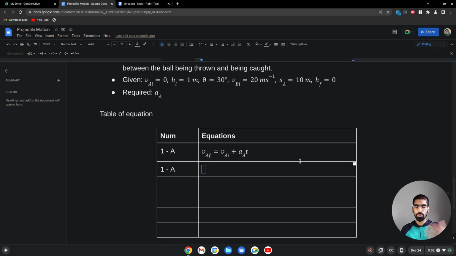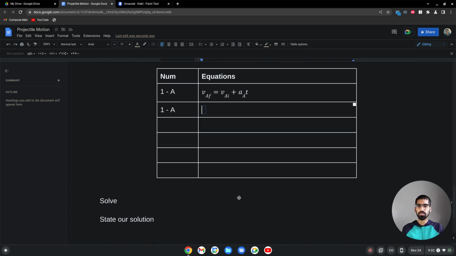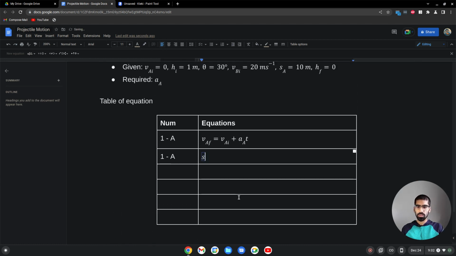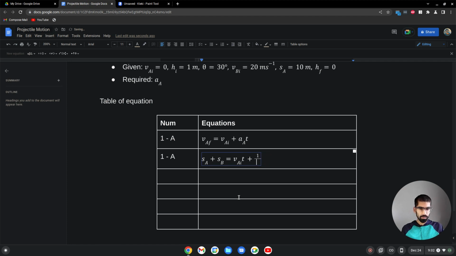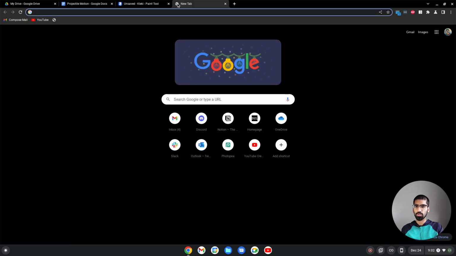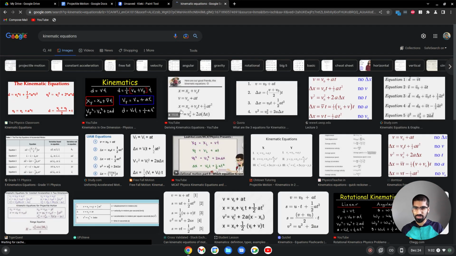They have to catch up with the ball, so they have to cover both of these distances. I think the kinematics formula here is VAI t plus 1/2 AA t squared. Let's just double check that so that I'm not feeding you misinformation. Yep, looks right.